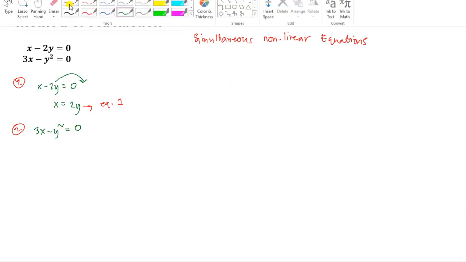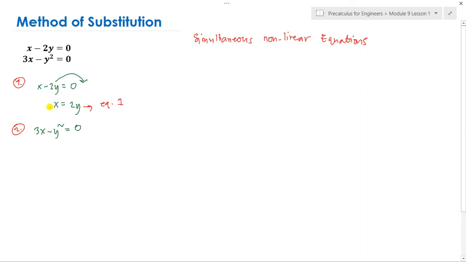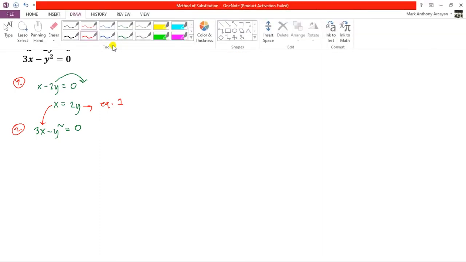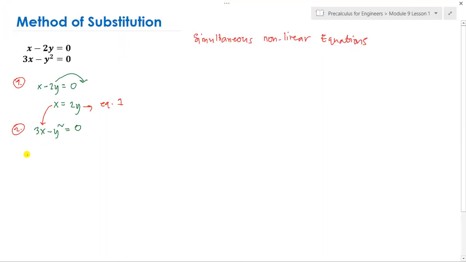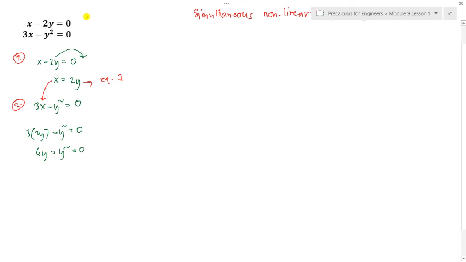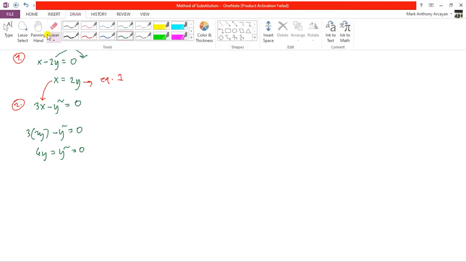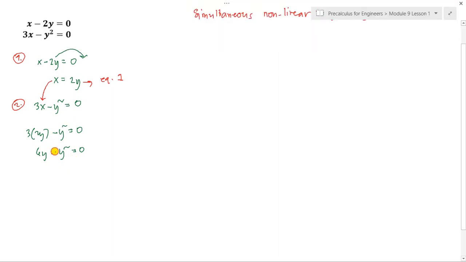Since x is equal to 2y, we're going to substitute the value of x in terms of y alone. So that would be 3 times 2y minus y squared is equal to 0. Here, this would be 6y minus y squared is equal to 0. Now, this is a quadratic, class. It is now quadratic.